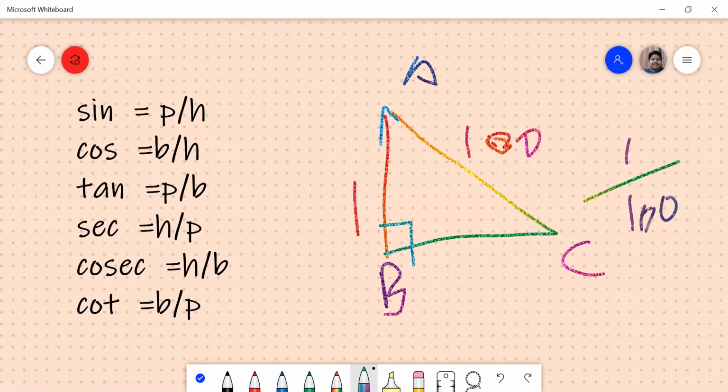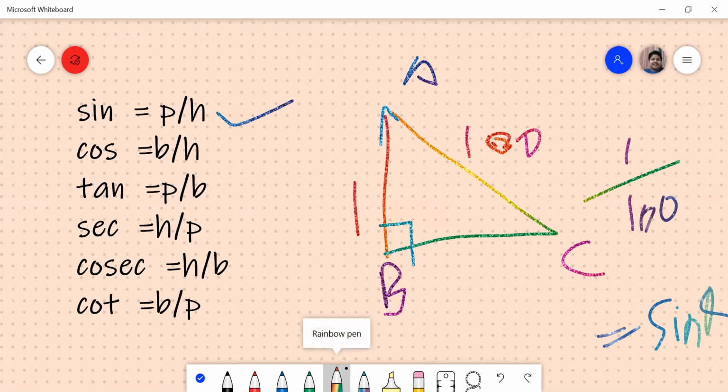So 1 by 100 would be your sine theta. Like that only you will be able to find your cos theta, your sine theta we have found. Okay, I have a better idea, better than scratching them off. Let's take them. So I found sine theta and showed you.